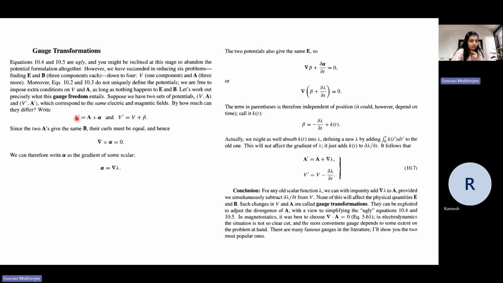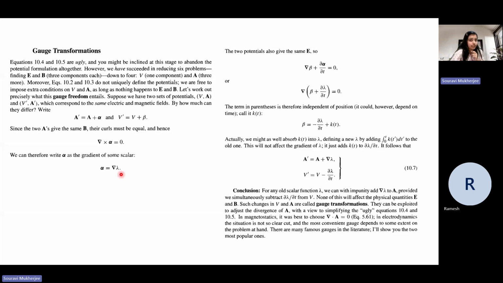If A prime is A plus alpha and V prime is V plus beta, then the curl of alpha should go to 0, because B is the curl of A and B should not change. So alpha should have a zero curl, and in that way you can write alpha as the gradient of some scalar quantity.